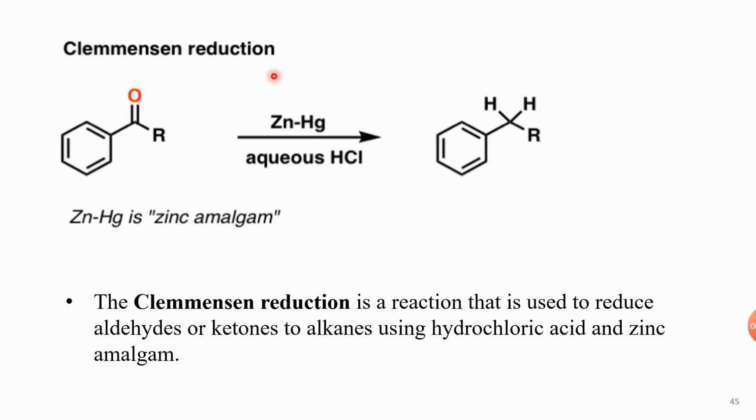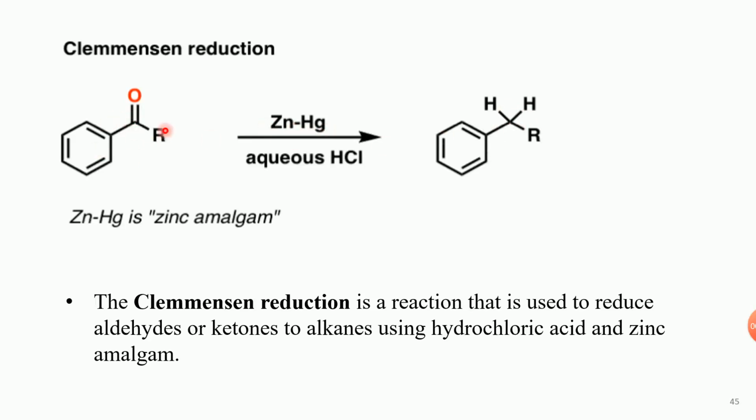Very similar to the Wolff-Kishner reduction reaction is the Clemmensen reduction reaction, where an aldehyde or ketone is converted into the hydrocarbon, that is alkane, and the carbonyl functional group is mainly converted into the methylene, that is CH2 group, but the reaction condition is changed.